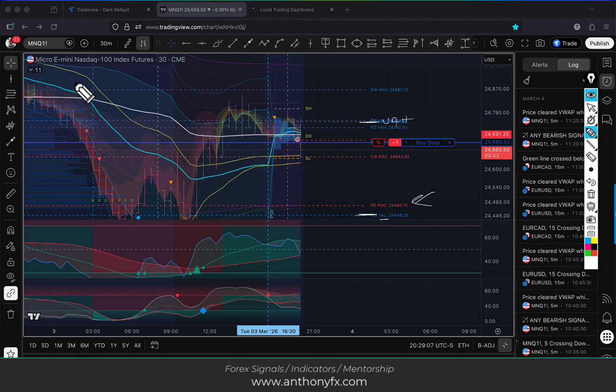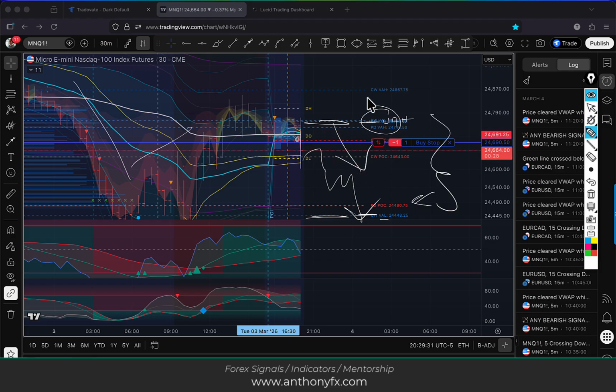Now we're in a bearish trend, so I'm looking at these current week blue levels as resistance. Given that we've traded back into it, I'm looking for this to come back down into the low, and I'm looking to fade this range back down.